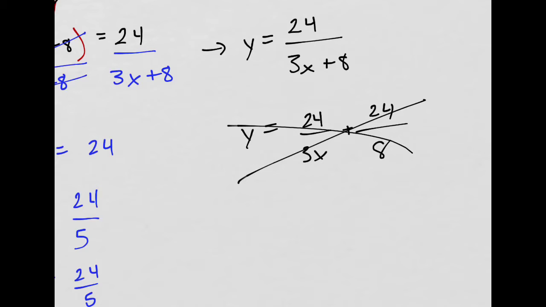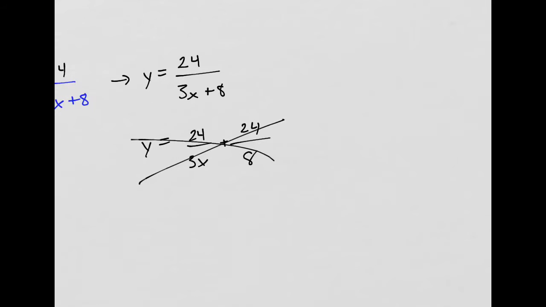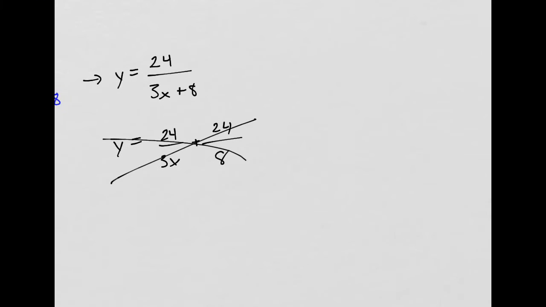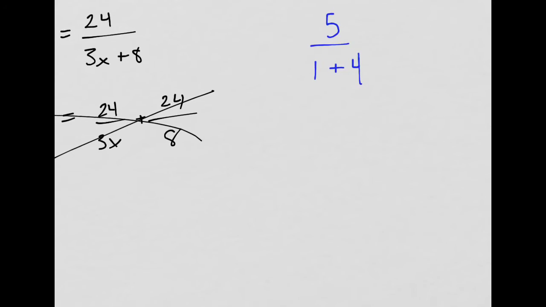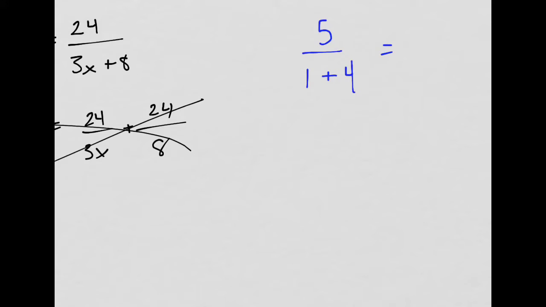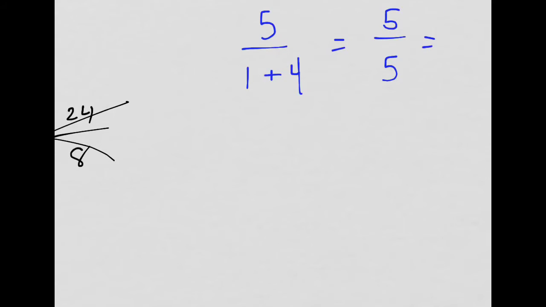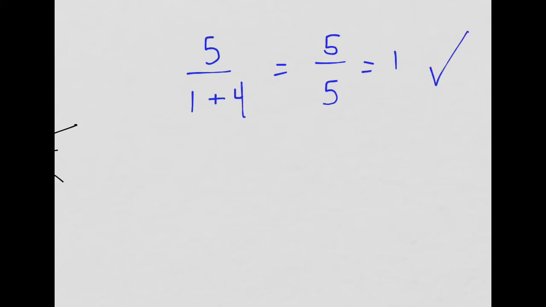Why is that? Well, let's take a look at a counter example. If you had 5 divided by 1 plus 4, 1 plus 4 is 5, so that would be 5 divided by 5. That's 1, right? That is true.